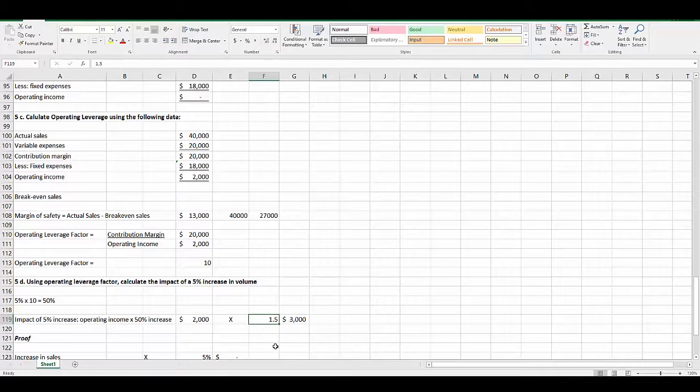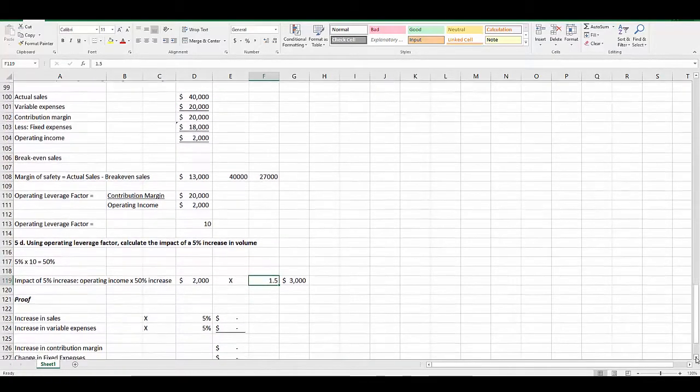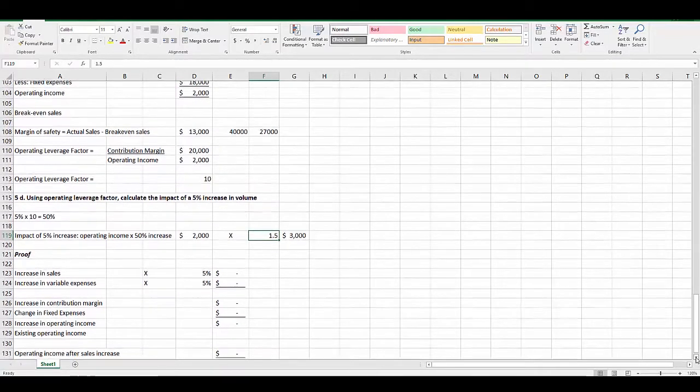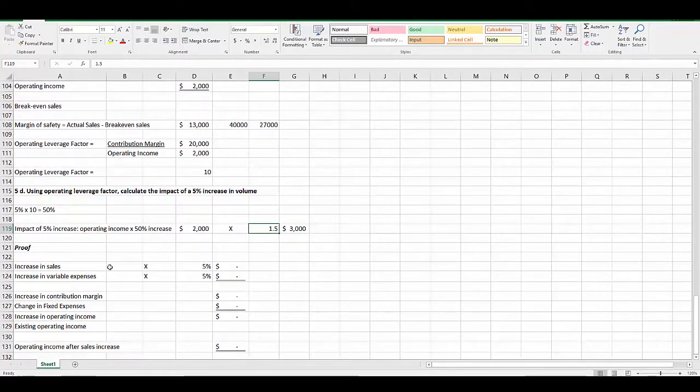Now, just to prove that it's correct, we can do it the long way, which is what we're going to do now, to show how this actually works. Our original sales were 40,000, and if we increase that by 5%, that will give you an extra 2,000 in sales, and of course your variable costs will have to go up accordingly.